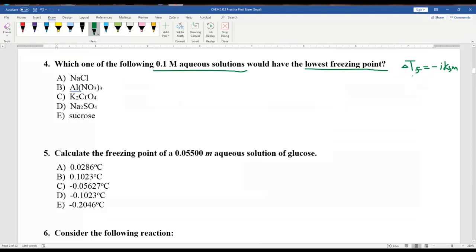The most negative change will be the one that has the highest molality, right?